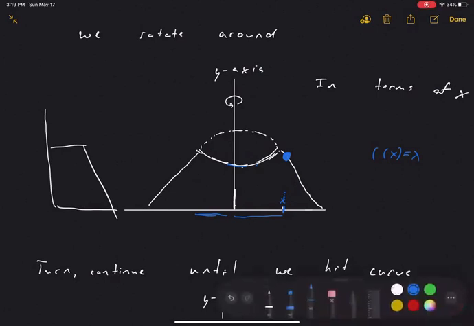So I've started with the radius, and then I've gone up until I hit my curve, and then I've drawn the rest of my cylinder. But the height of this cylinder is going to be whatever the y coordinate of this point on the curve is.